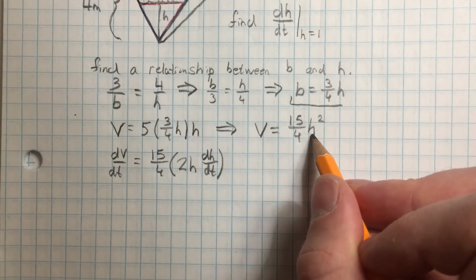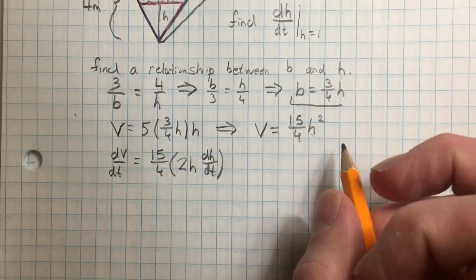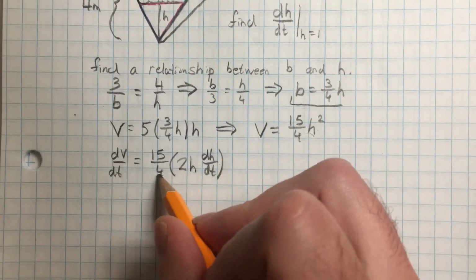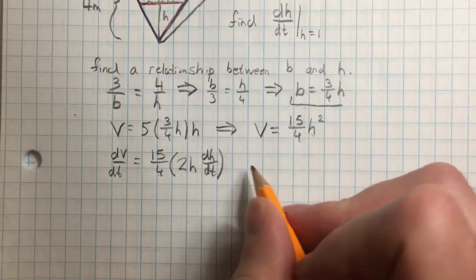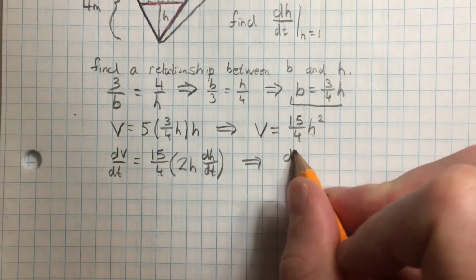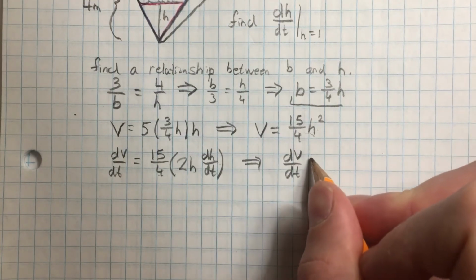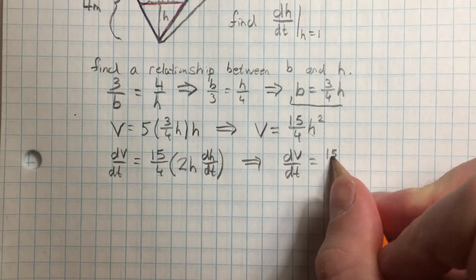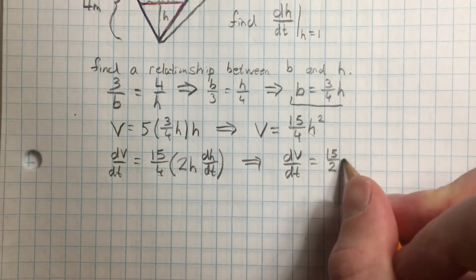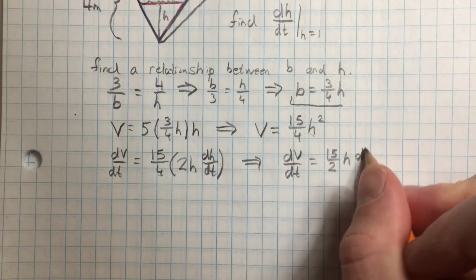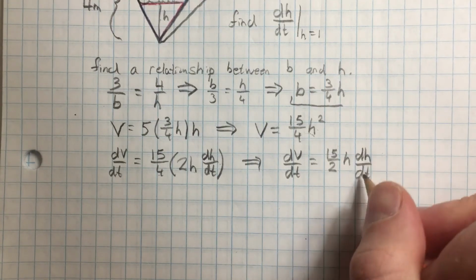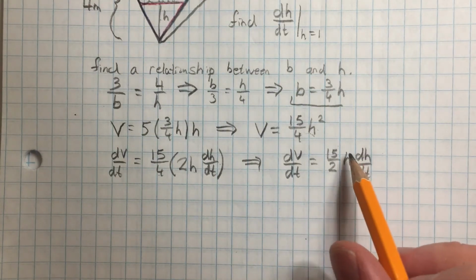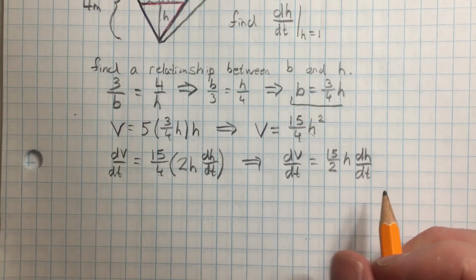You take the derivative of the inner function and multiply on the outside to complete chain rule. I can cancel this 2 with this 4 to some degree. So we have dV/dt equals 15/2 h dh/dt.